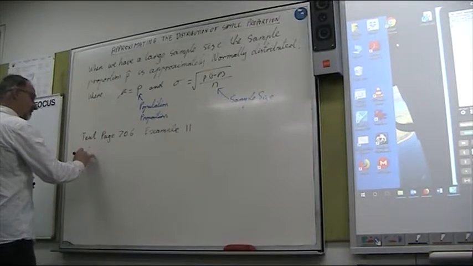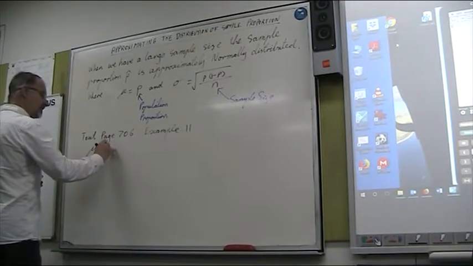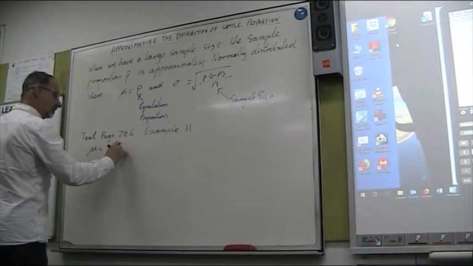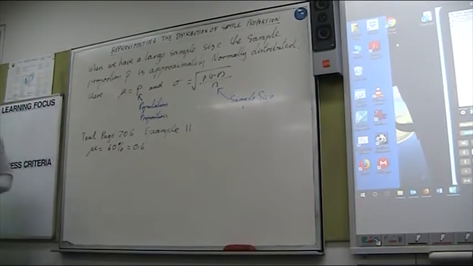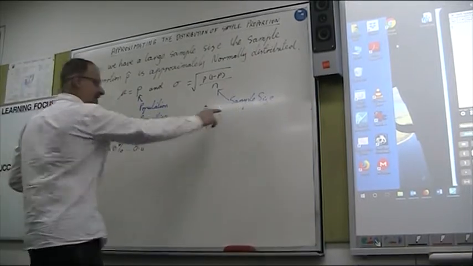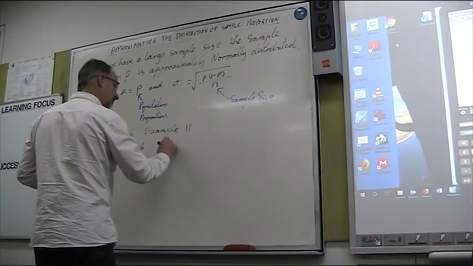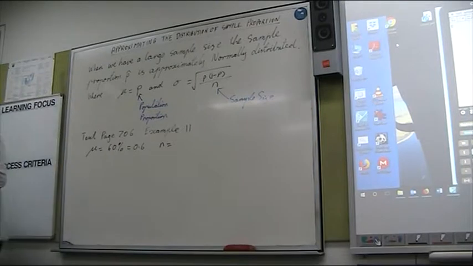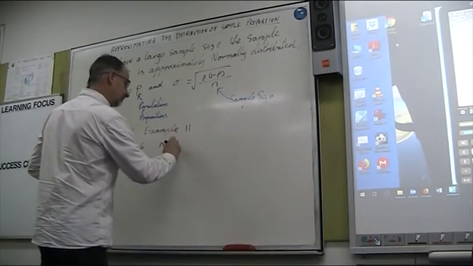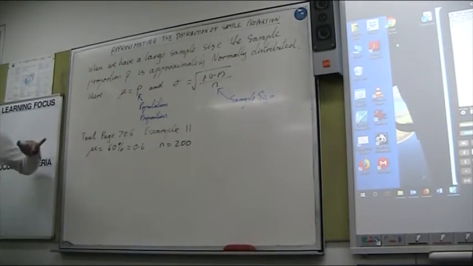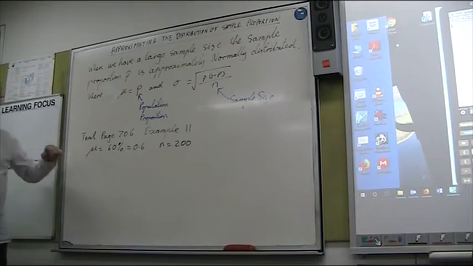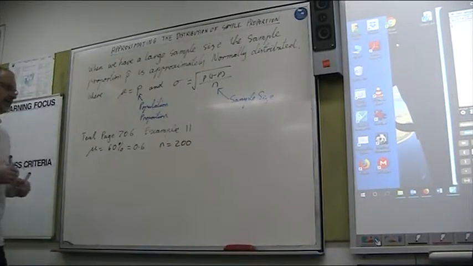So our mean would be 60%, which of course is 0.6. Our sample size n is 200. If we're going to use the normal distribution, we need the mean and we need the standard deviation.